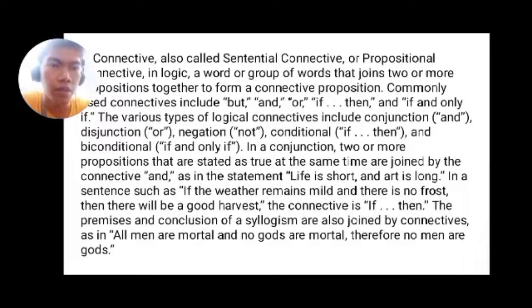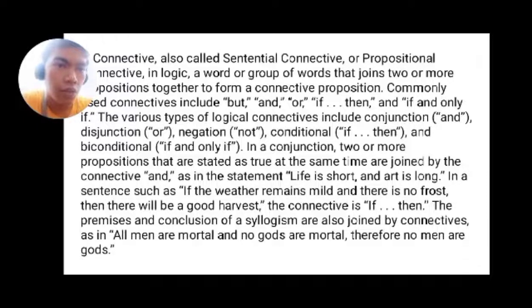Commonly used connectives include but, and, or, if then, and if and only if. The various types of logical connectives include conjunction, and, disjunction, or, negation, not, conditional, if then, and biconditional, if and only if.